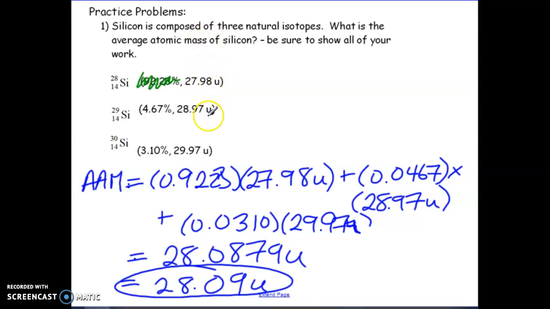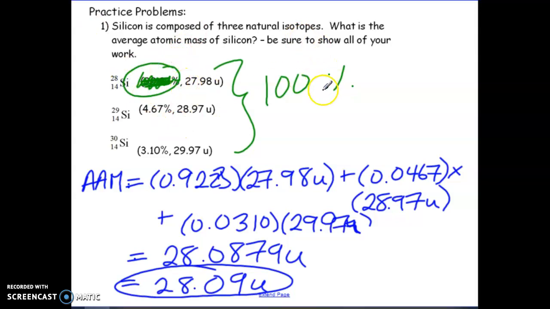For example, you might have the mass of everything, but be missing 1 of the isotopes' percentages. Remember that all of the isotopes added together should equal 100%. So if you have 2 out of the 3 or 3 out of the 4 and you're missing only 1, you can always solve for that missing one by taking 100 and subtracting the ones that you already know.